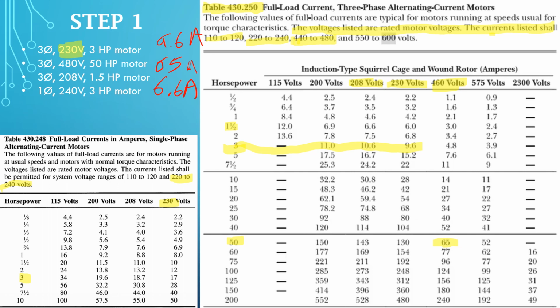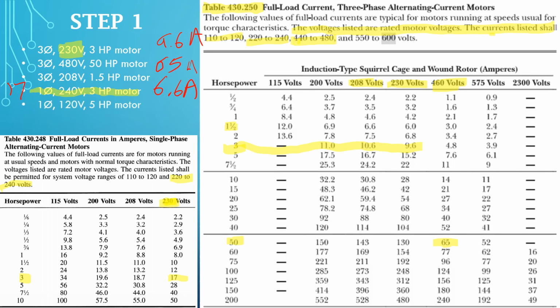I'm sorry, I'm looking at my wrong row. Single phase, 240, 3 horsepower. 240 will work for my 230 motor. 3 horsepower, I look at where those run into each other. It is 17 amps.